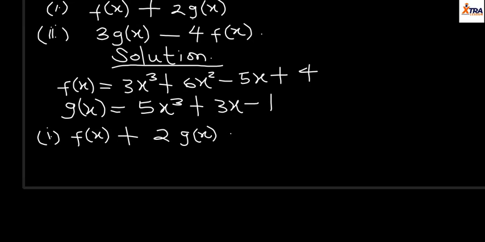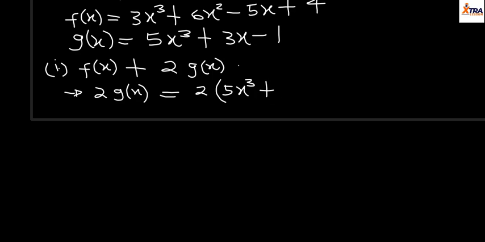I already have my f of x, and I know that 2g of x means 2 times g of x. So I simply multiply my g of x by 2, where g of x is 5x cubed plus 3x minus 1, giving me 10x cubed. I use my 2 to open the brackets: 10x cubed plus 6x minus 2.